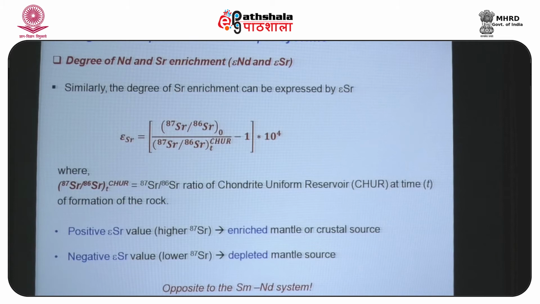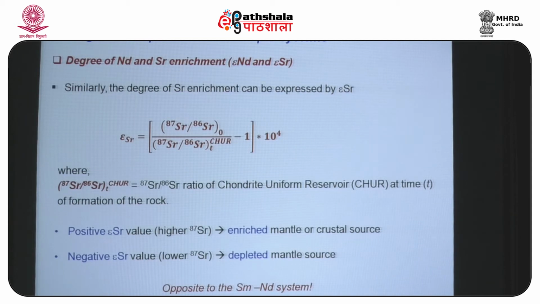Similarly, we can have a similar equation for the strontium system as well. The degree of strontium enrichment can also be expressed in terms of epsilon Sr, which is the 87 by 86 strontium initial, that is, at the time of formation of the rock or the start of the decay process, divided by the 87 by 86 strontium at time t of CHUR, the chondrite uniform reservoir, minus 1, times 10 to the power 4.